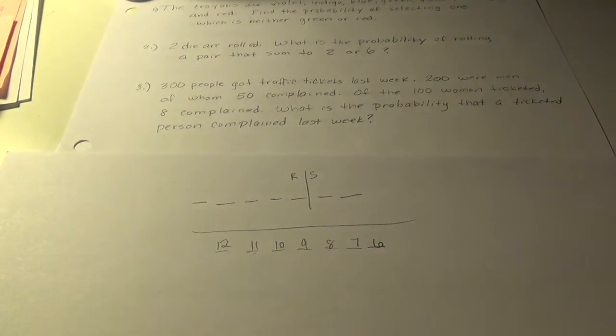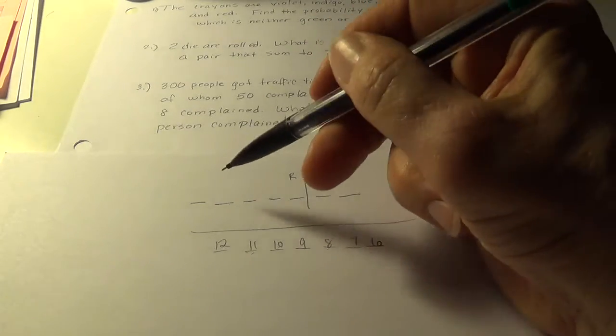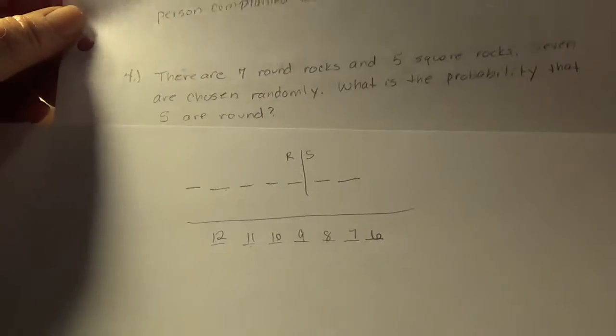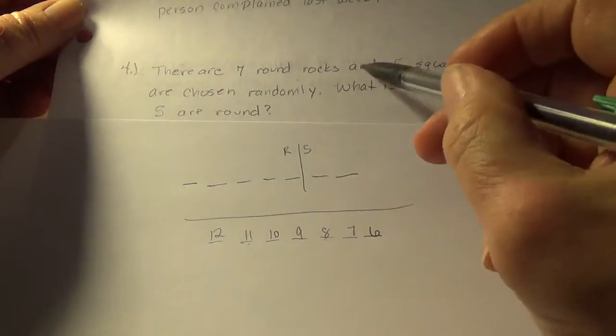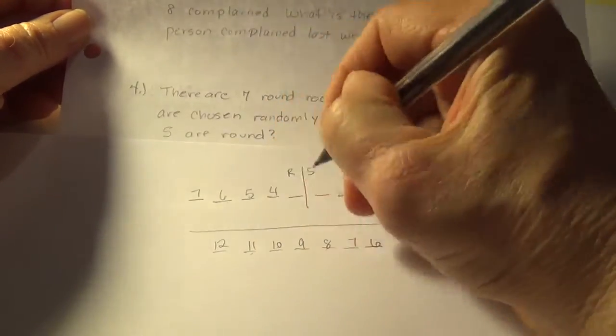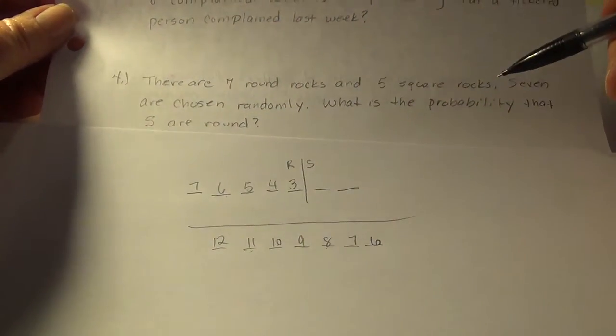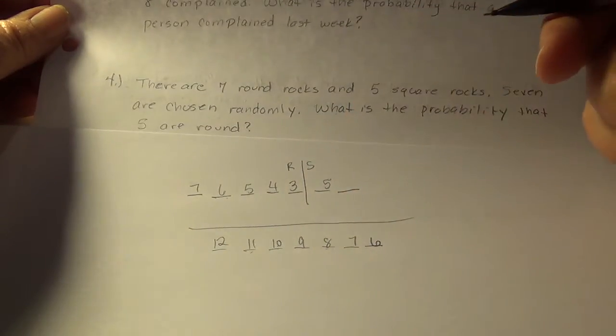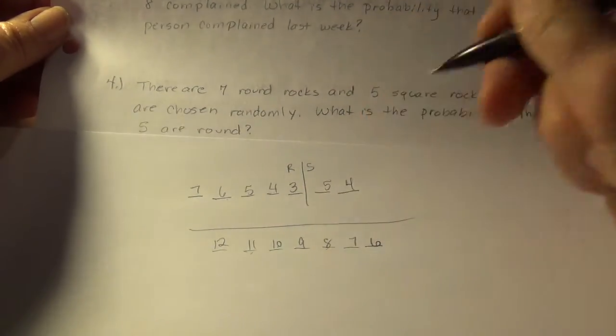So we have those numbers, and on the top, how many ways could we pick a round rock? Again, there were 7 possible round rocks, so we have 7, then 6, 5, 4, 3. And when we go over to square, there are 5 ways we can get a square, and then 4.